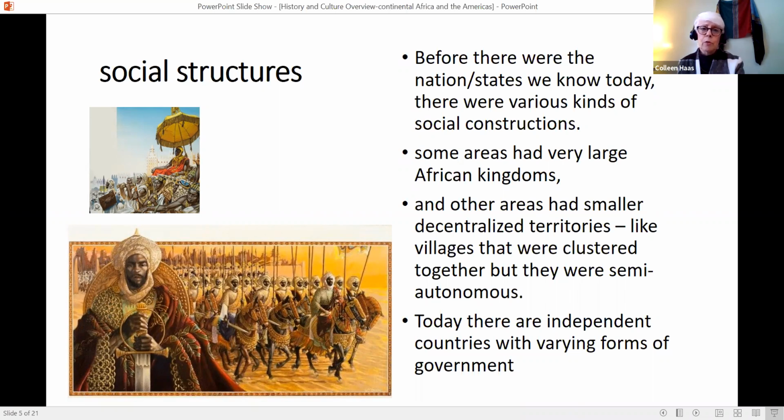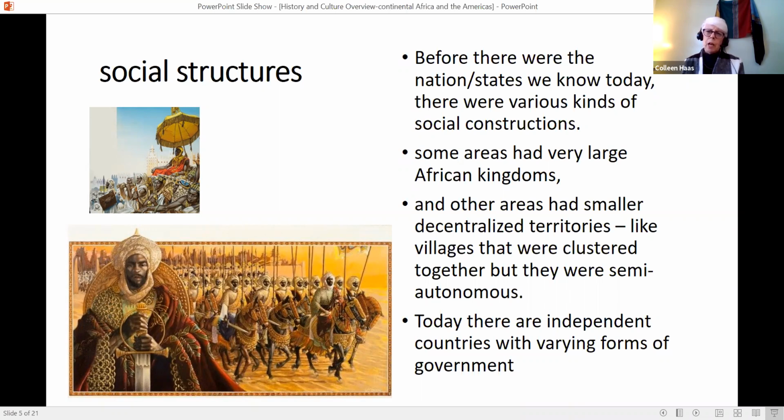Another type of social structure in Africa were what's called decentralized territories. They were like villages that were nearby and clustered together, and they were semi-autonomous, and then they would have a council of elders that would come together at periods of time and decide how to organize themselves and how to rule. So they did have a structure of governing or helping the society develop with things that you would see in any society, but they were done in a different way.